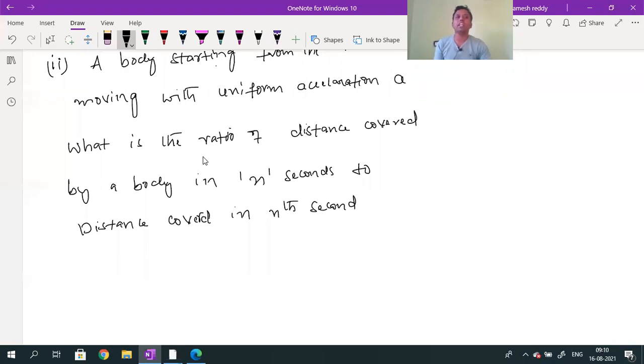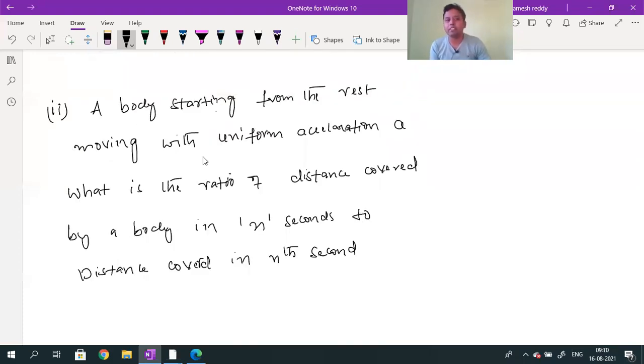What I want to calculate: body starting from the rest, so initial velocity is 0, moving with a uniform acceleration E.